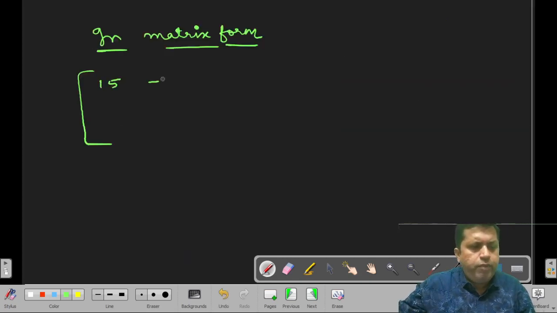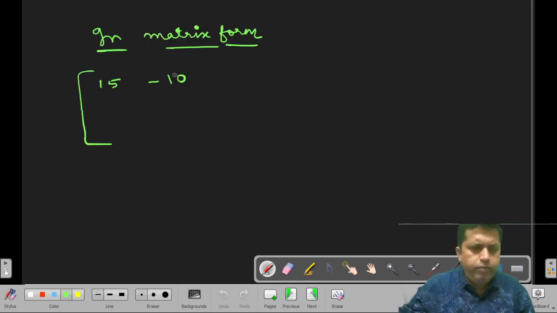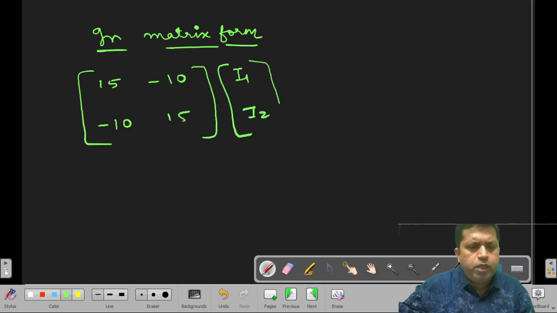Second equation minus 10 and 15. Currents are, both are clockwise currents, so plus I1 plus I2.